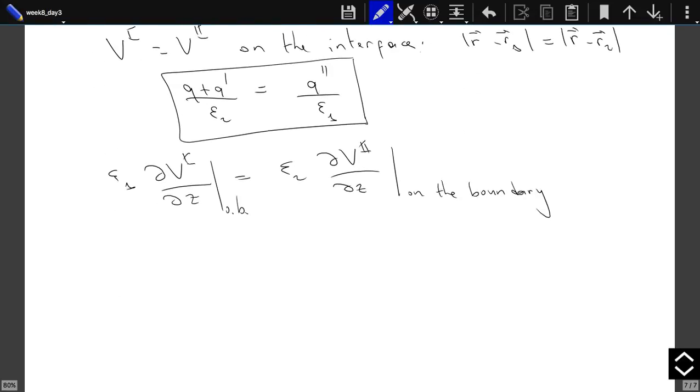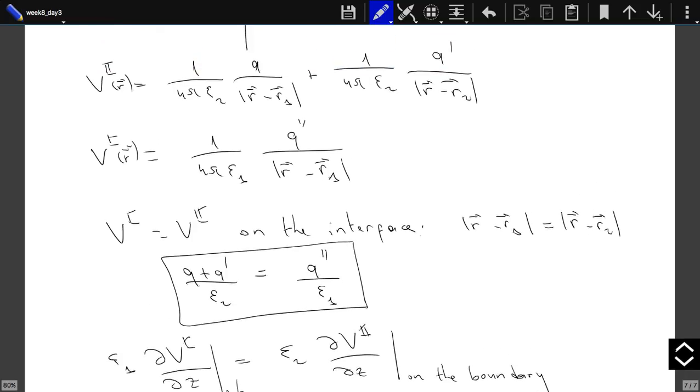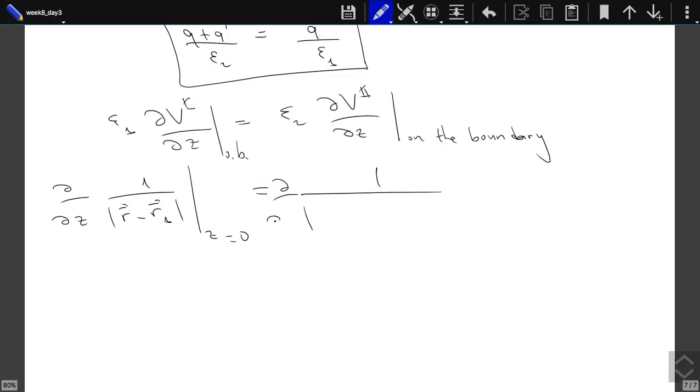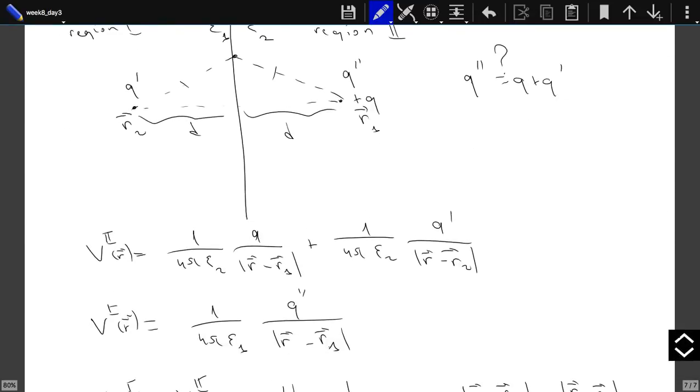So let's see. I have this 1 over R minus R1. I need to take the derivative of this thing with respect to Z, and then set Z equal to 0 for my boundary. Well, let me also choose some directions. This is my Z axis.